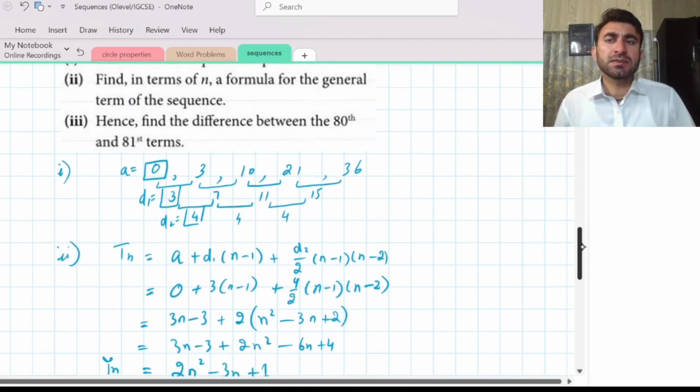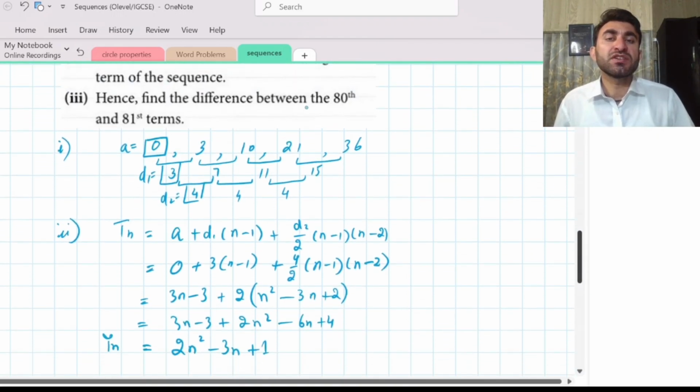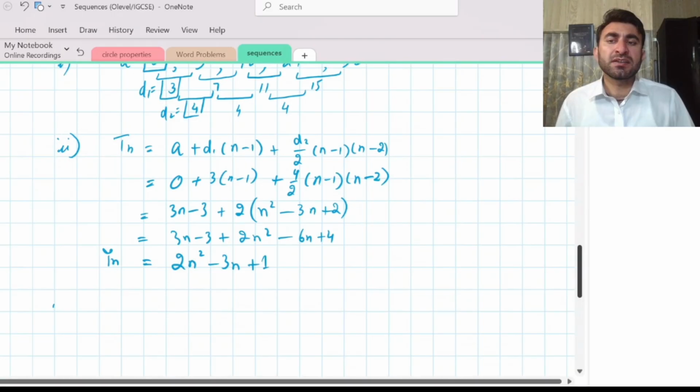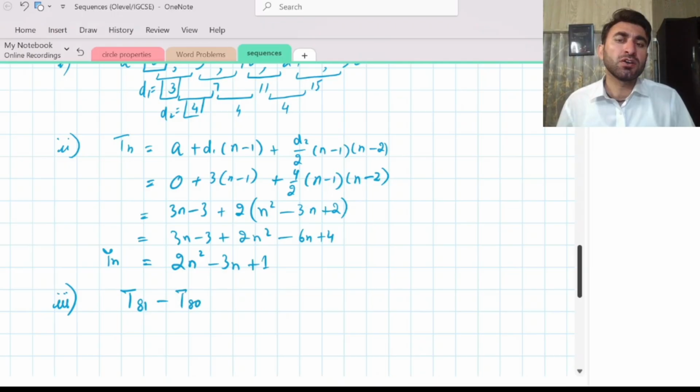Now the third part says, hence find the difference between the 80th and 81st terms. In order to find the difference between the terms, we have to find T81 minus T80. T81 means we replace n with 81.